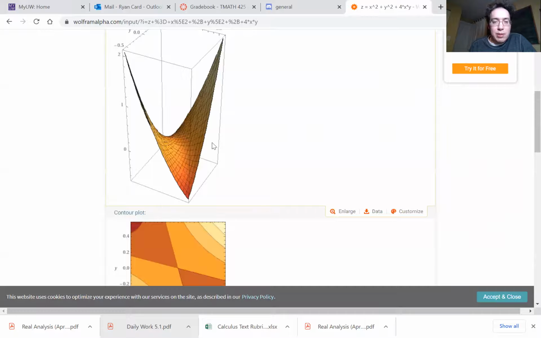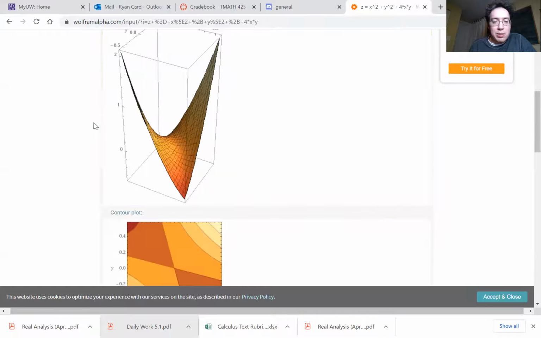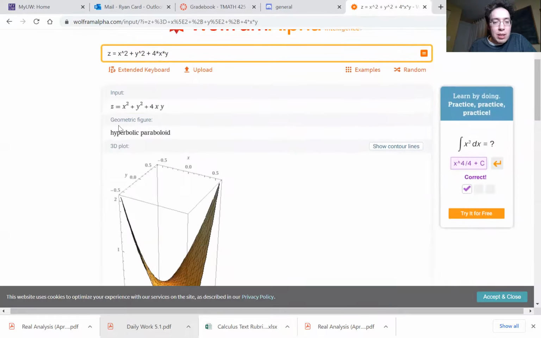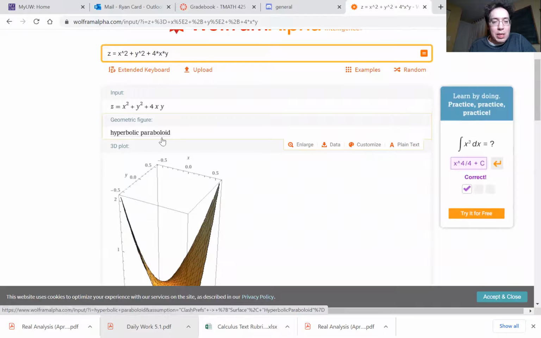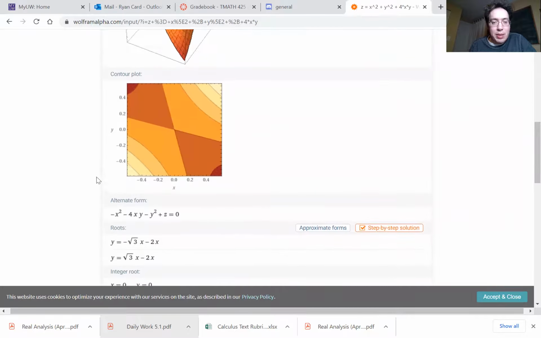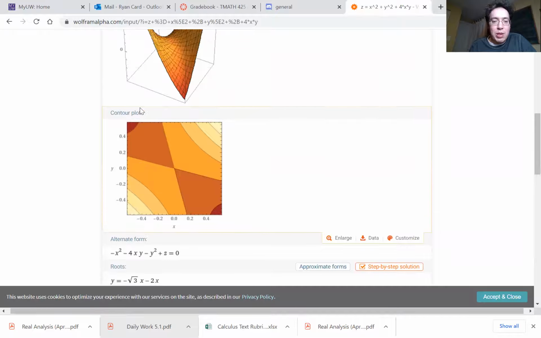I don't know if I can rotate this picture. I don't think I'm allowed to. So the paraboloid has turned into a hyperbolic paraboloid. If you look at the contour plot, you can see this X where in one direction it's going higher and higher, in another direction it's getting lower and lower.